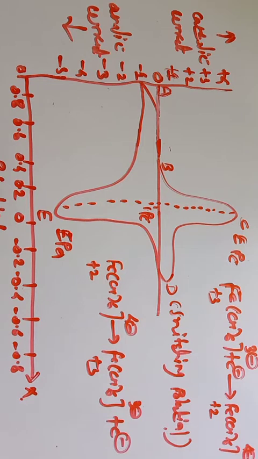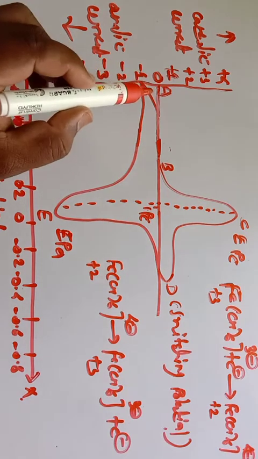If you see this cyclic voltammogram, at the initial potential of plus 0.8 volt, that is a positive potential, a small anodic current is observed.